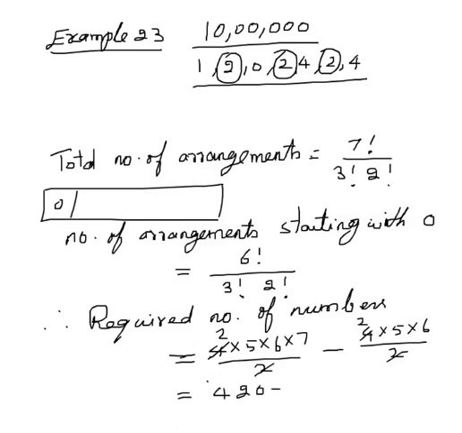This is 420 and this is 60. The subtraction is 360. So we can form 360 numbers which are more than 10 lakhs using the given digits.